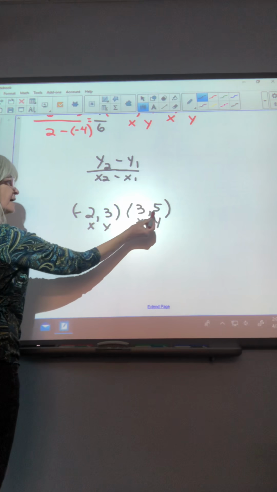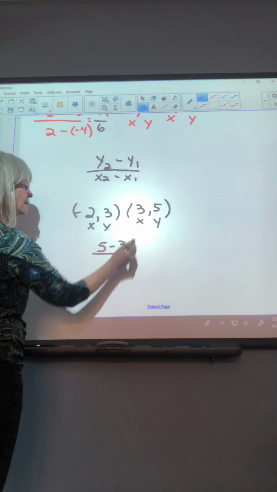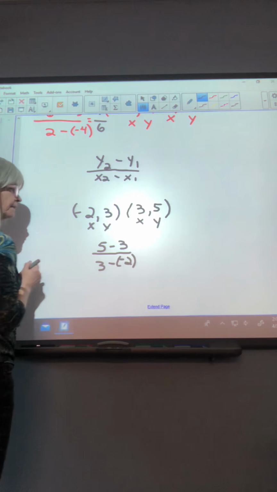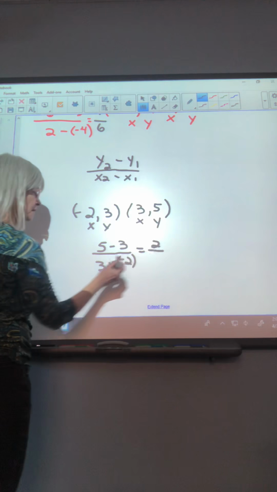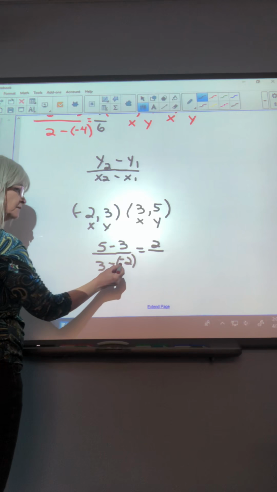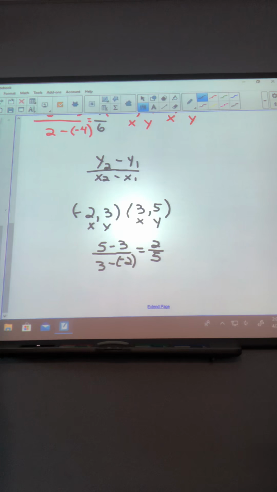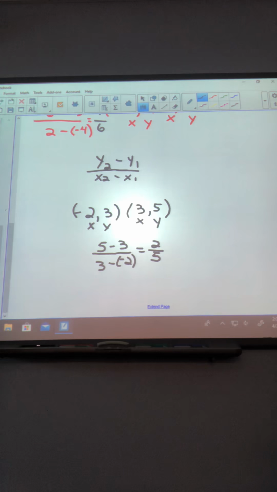So that would be 5 minus 3, over 3 minus a -2. 5 minus 3 is 2. 3 minus a negative 2 is 5. So our slope is 2/5. There are no negative signs, so that means it's a positive slope of 2/5. Okay. And then let's go ahead and look at C.